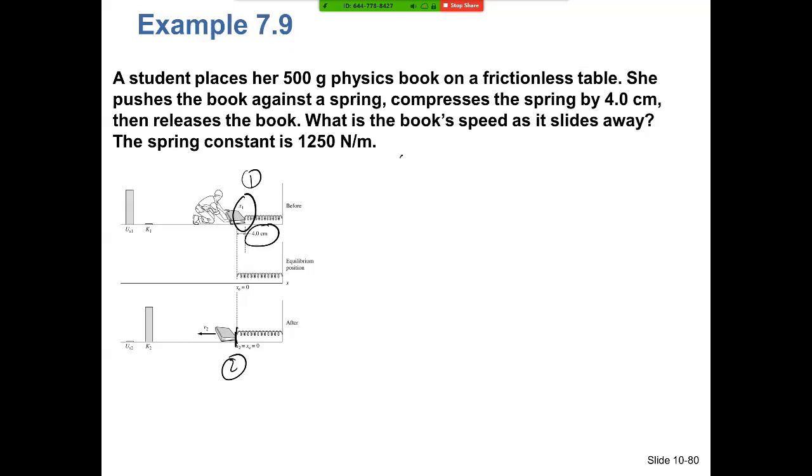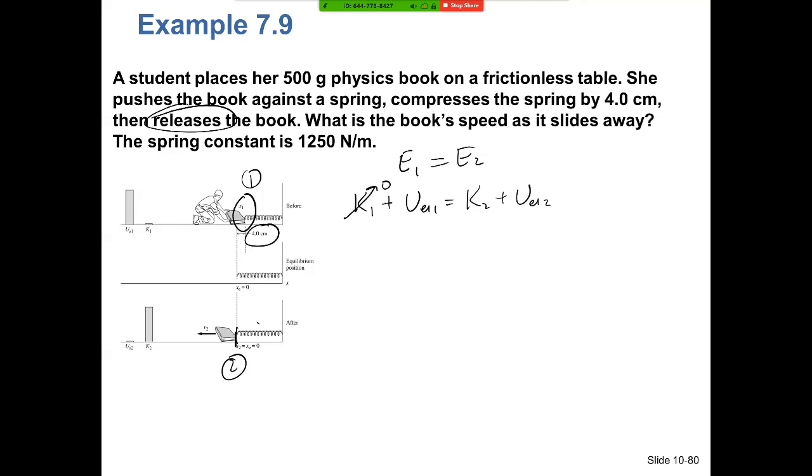Then I can say that energy at point 1 equals energy at point 2. Kinetic energy at point 1 plus elastic potential energy at point 1 equals kinetic energy at point 2 plus elastic potential energy at point 2. I can simplify because you release the book, so the book has no kinetic energy at point 1.